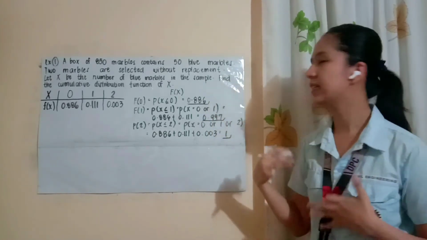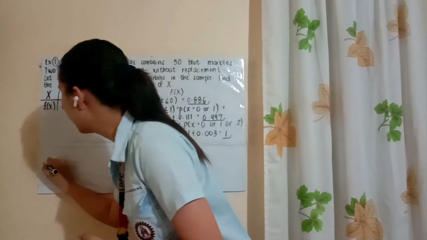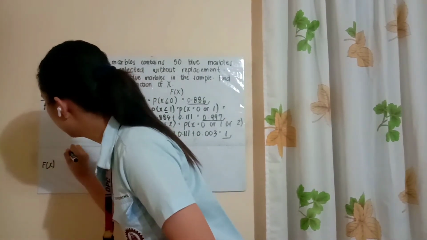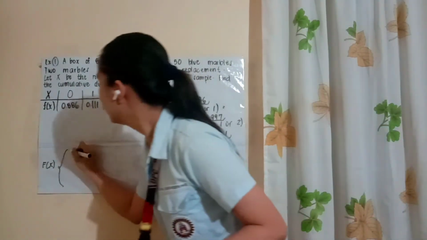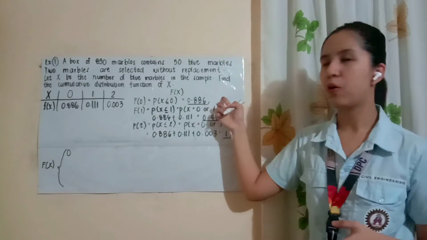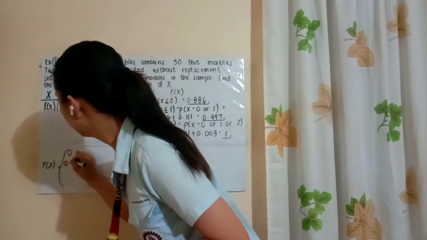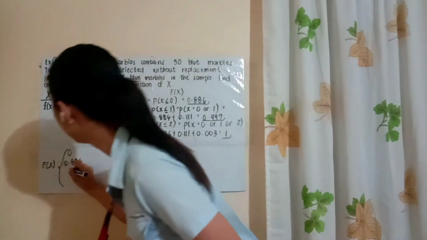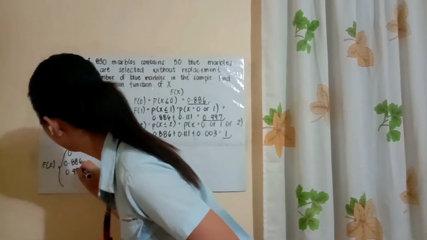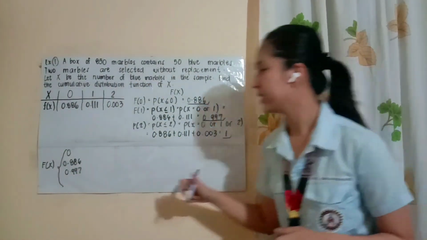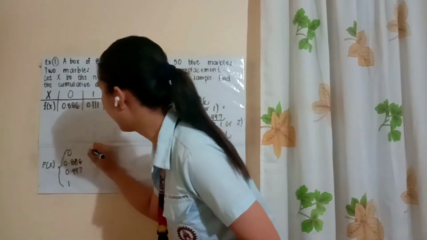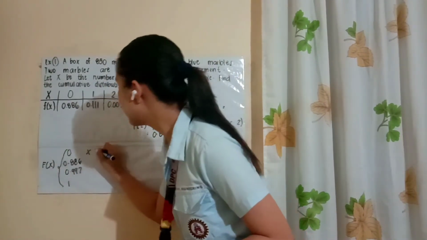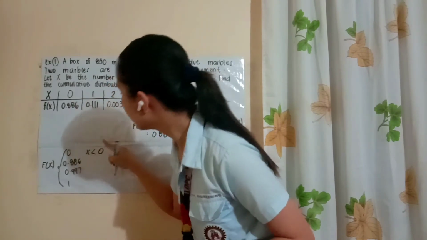So, sulat lang natin yung final answer natin. We have f of x. First, start tayo sa 0. Next, we have 0.886. Next, we have 0.997. And for the last one, we have 1. Ngayon, lalagay na natin yung values ng x nila. Dito kay 0, we have x less than 0.